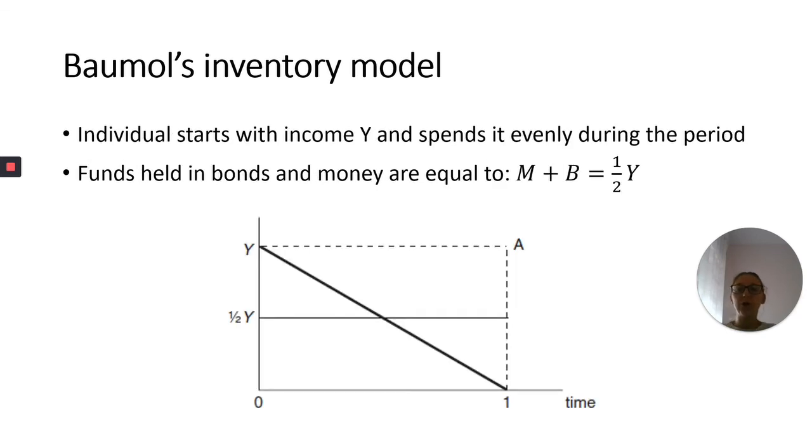Now a bit more on assumptions. We say that the individual starts with income Y and spends it evenly during the period. Now, if you look at the graph, this is what you see. Imagine that time is 1 month.